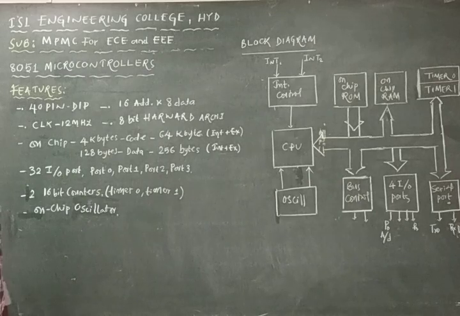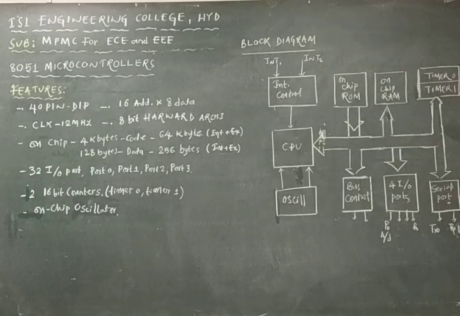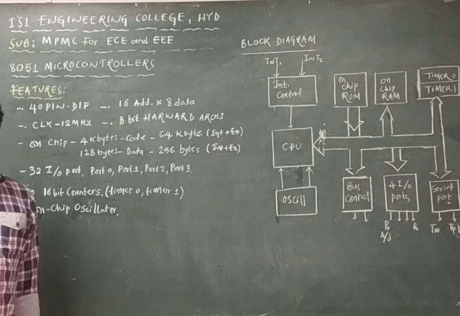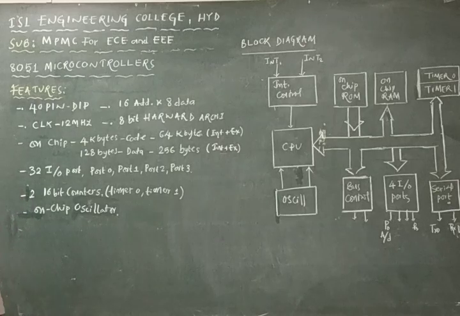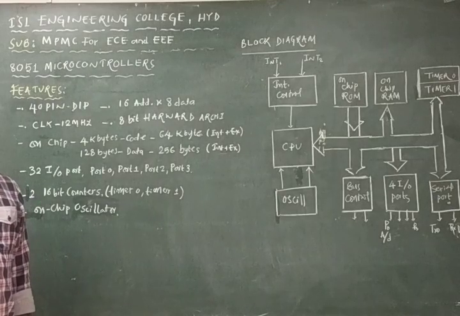In the last class I explained some of the features. In addition to those, I am going to talk about some more features. As discussed, it is available in a 40-pin integrated circuit. It is a programmable integrated circuit. Programmable means that according to the user program, the device performs the function.